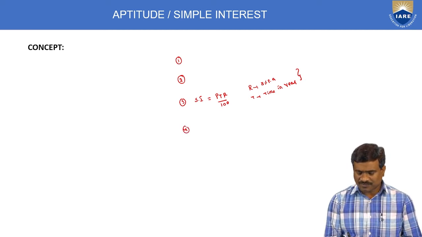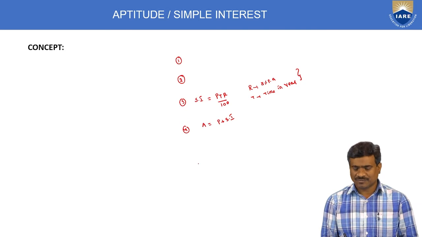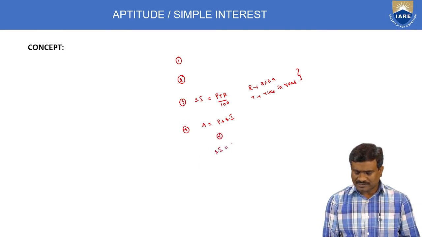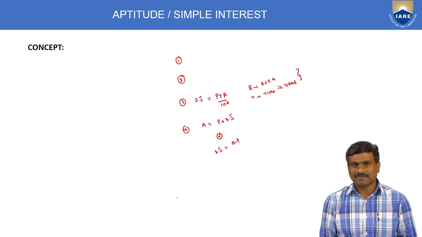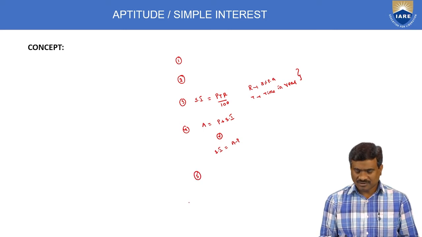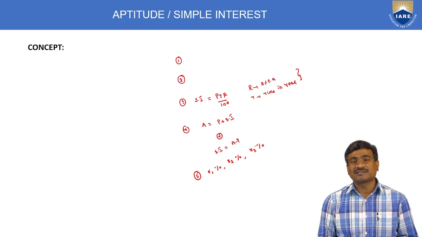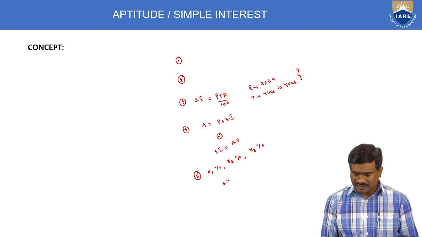Next, the fourth point: amount is equal to principal amount plus simple interest, or simple interest is equal to amount minus P. Next, the fifth point: when the rate of interest is R1 percentage in the first year, R2 percentage in the second year, and R3 percentage in the third year respectively, then simple interest after 3 years is P into R1 plus R2 plus R3 by 100, where T1 is equal to T2 is equal to T3 is equal to 1 year.